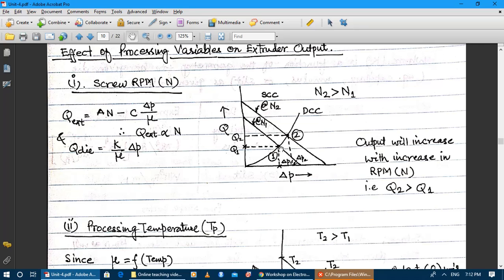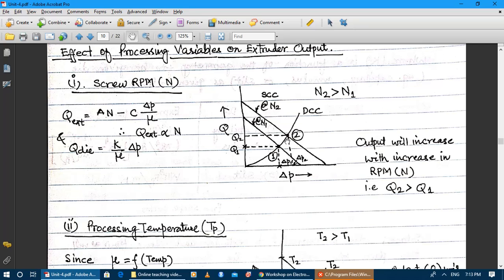The first screw characteristic curve is the curve at N1 RPM. When we increase the RPM, the output will increase and the screw characteristic curve will offset in the upward direction, and we'll get the second curve like this.